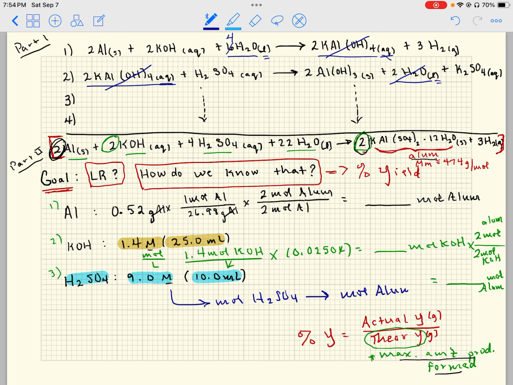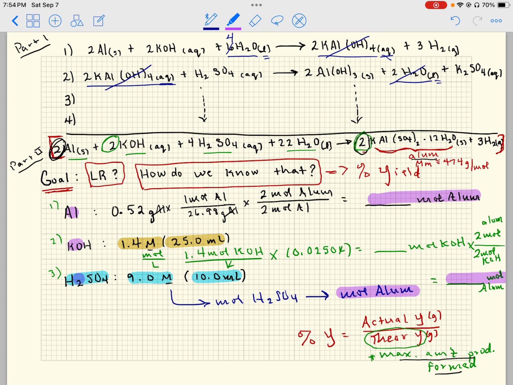And once I do that, then I can compare all 3 of those. So I'm going to have to compare the moles of alum that are produced from the aluminum, the moles of alum that are produced from potassium hydroxide, and the moles of alum produced from sulfuric acid.